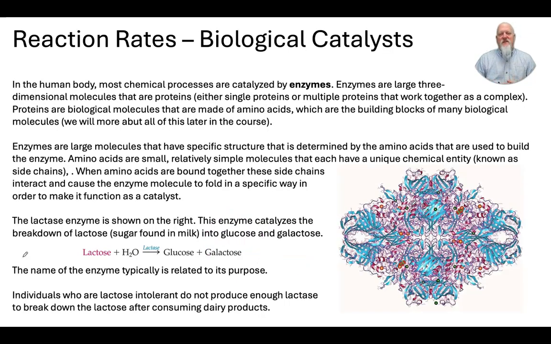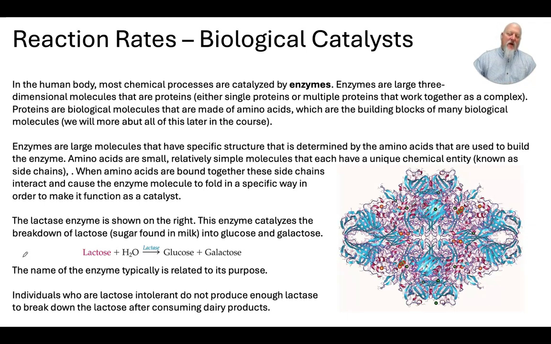In biological systems, catalysts are almost always used. The reason for that is we require a lot of reactions in cells, and we don't have necessarily a lot of reactants, right? So we don't have a lot of collisions. So in order to get the reactions to happen, we use catalysts.